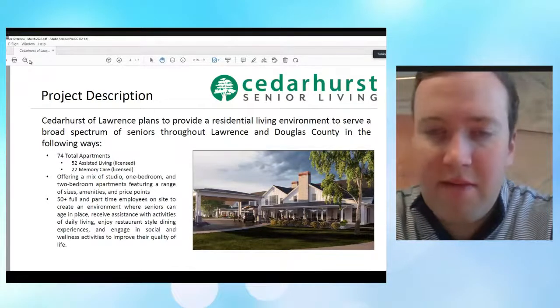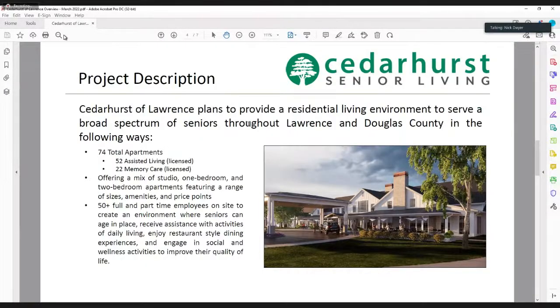And this just gives you an idea of what the facility will look like. We're working with a new architect here in St. Louis. This is the building design that we're building in Topeka, Salina, and hopefully we'll be building in Lawrence as well. The physical apartments are a mix of studios, one-bedrooms and twos. The memory care apartments are all private studios.